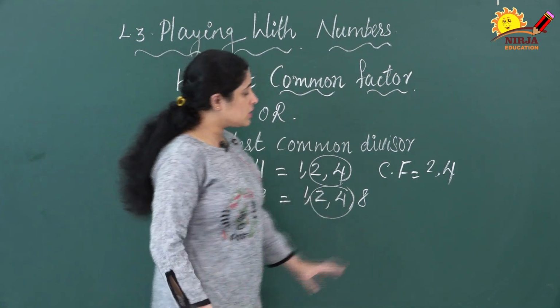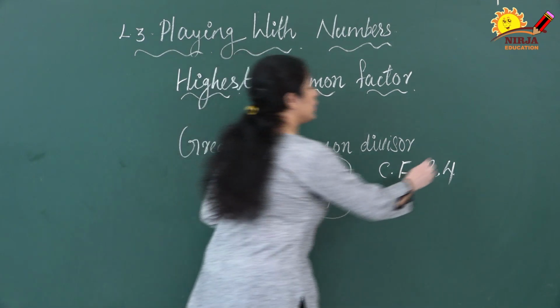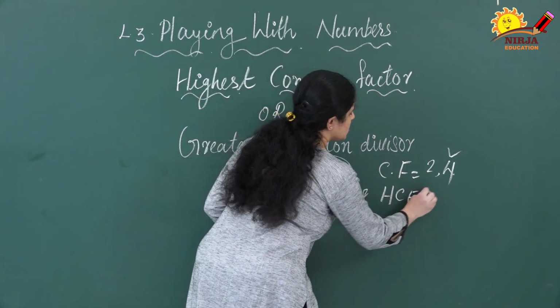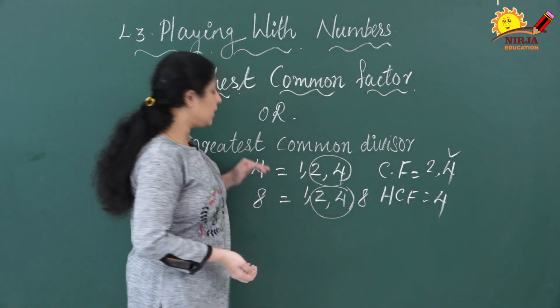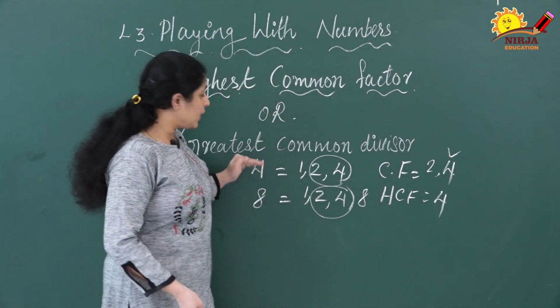From these common factors, which one is the highest factor? Yes, 4 is the highest factor. So 4 is the HCF of 4 and 8.